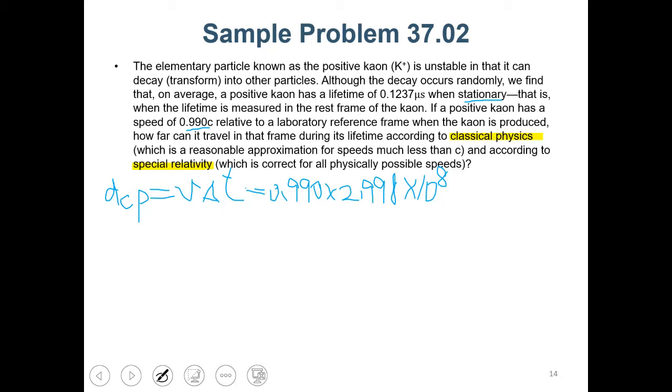So in relativity, we will usually use 2.998 times 10 to the 8 rather than 3 times 10 to the 8, because usually we will discuss something close to the speed of light.